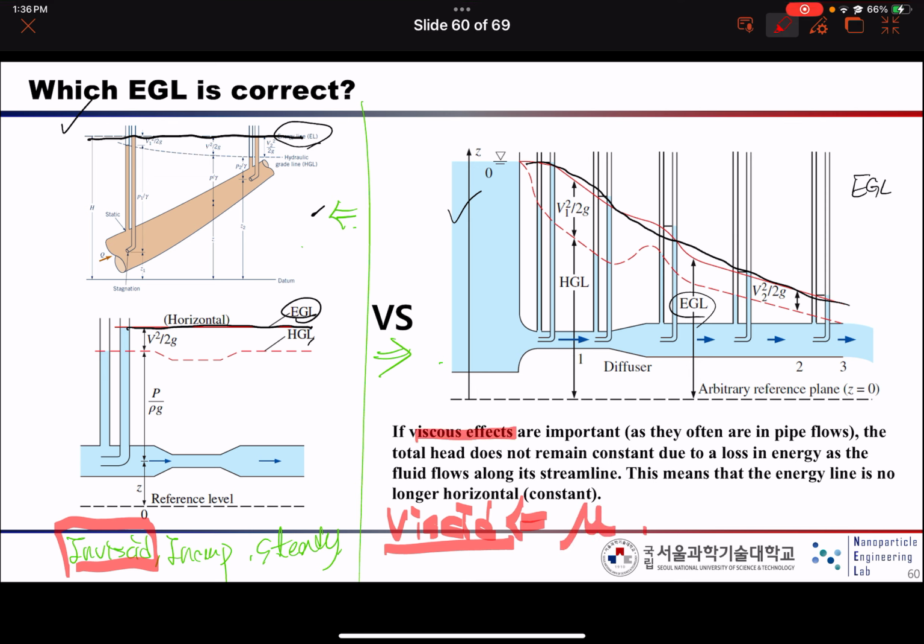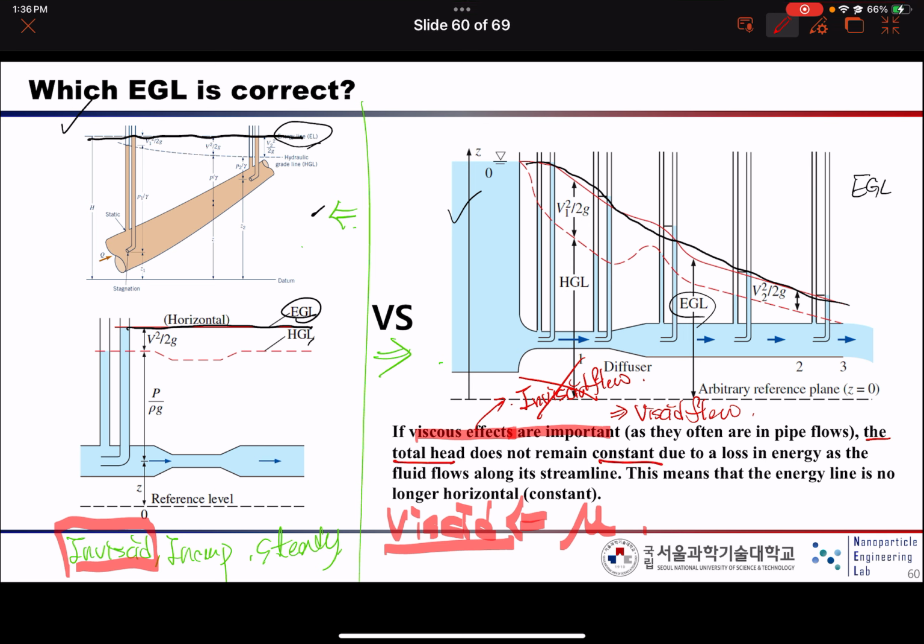So if viscosity effects are important, it means that it is not inviscid flow. So this one is viscid flow. Okay, the viscous effects are important, so the total head does not remain constant.